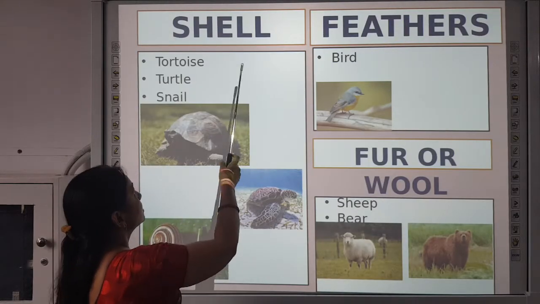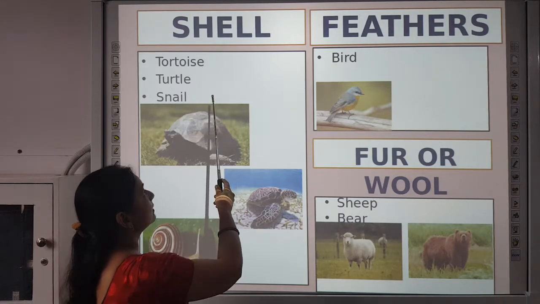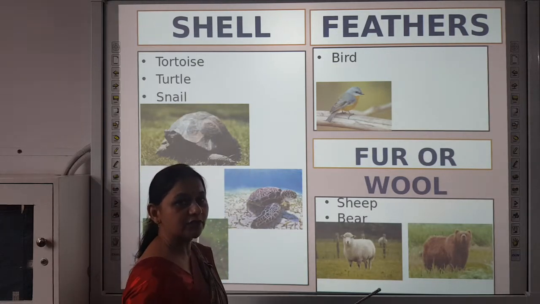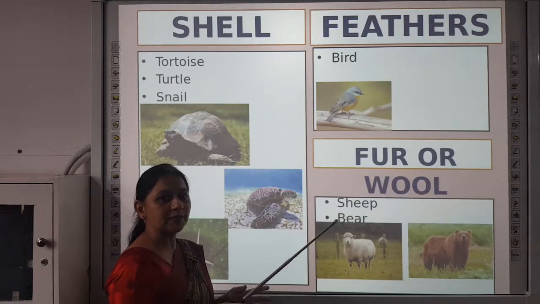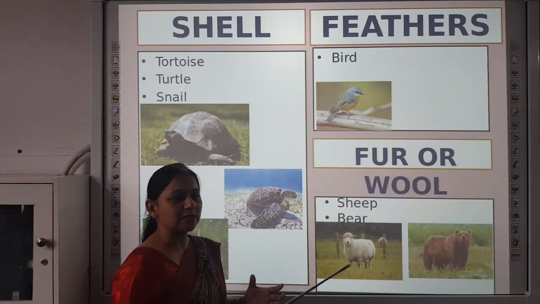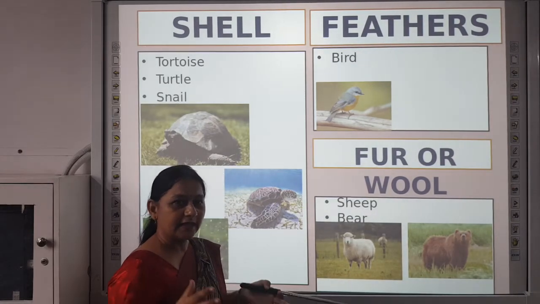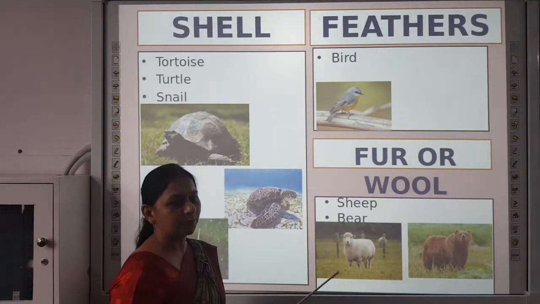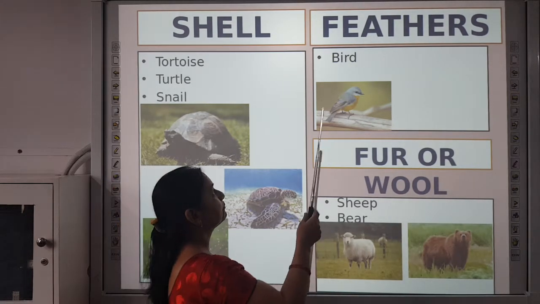In the same way, some animals like tortoise, turtle and snail have a hard body covering which is called the shell. It protects their soft body, and whenever these animals sense danger, their head and feet get into the shell and they protect themselves, they feel safe inside the shell.